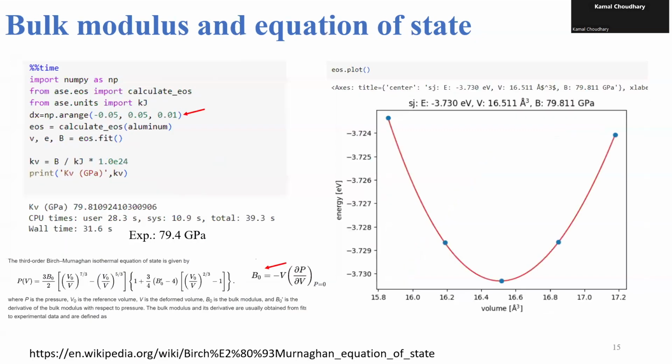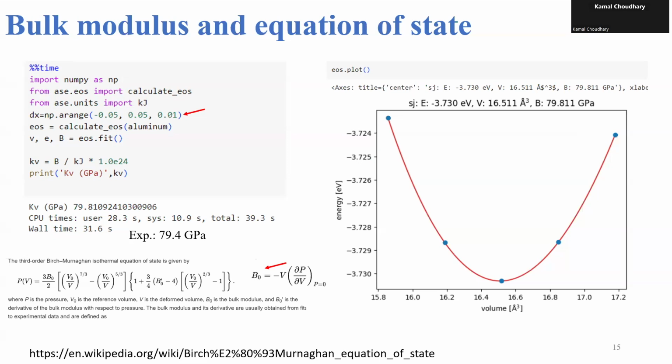Now, another important quantity is the bulk modulus. While the stress-strain curve and elastic constant could be directional, the bulk modulus gives you a collective response to mechanical deformation. Here we calculate the bulk modulus using something called the equation of state. ASE and GPAW have a nice feature for this called calculate_eos, which takes energy and forces at varying deformation of volume.